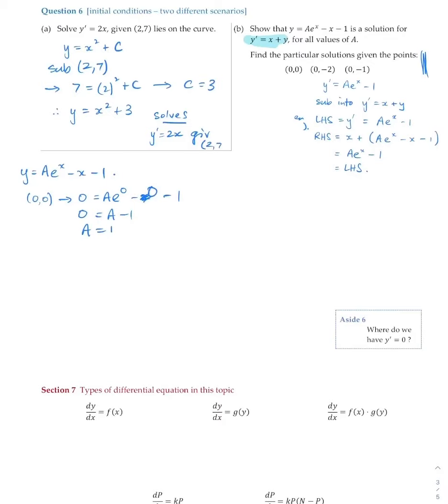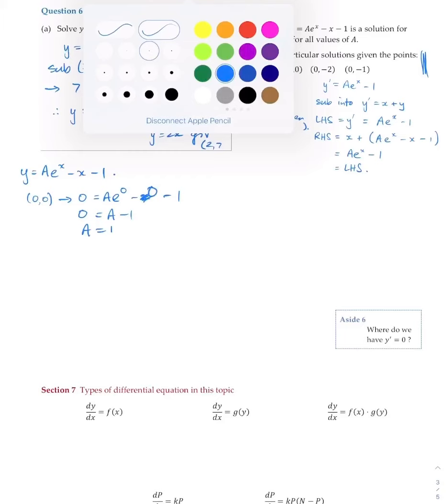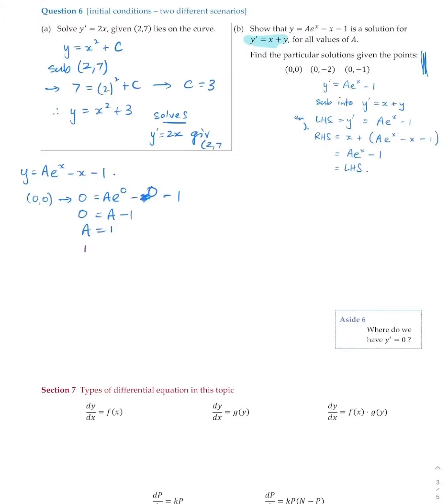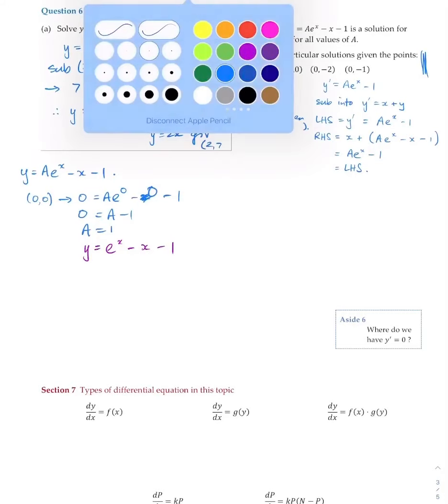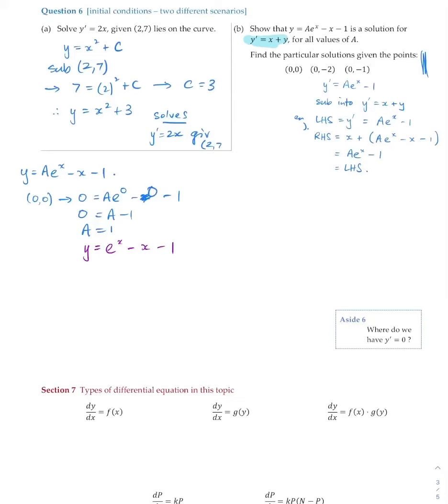And the particular solution is y equals e to the x minus 1. Now, what's next? 0, negative 2.